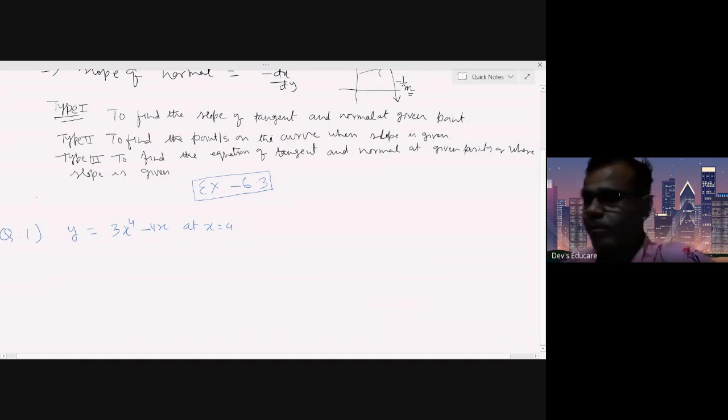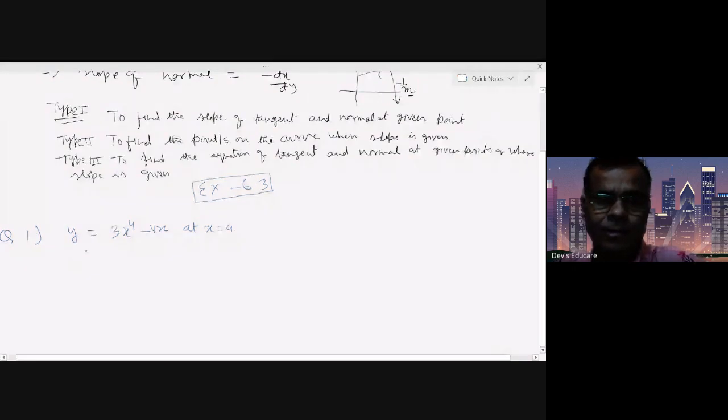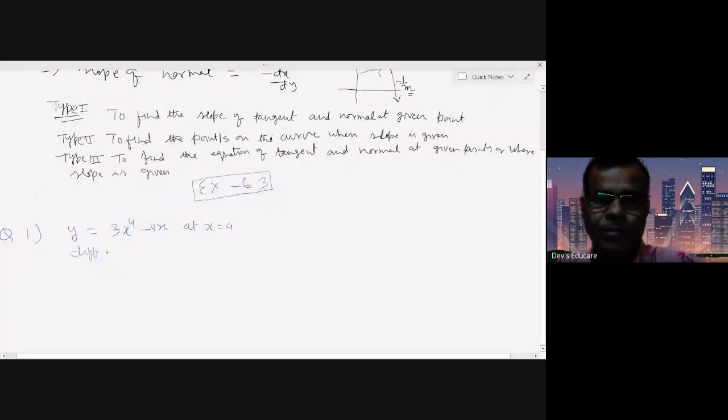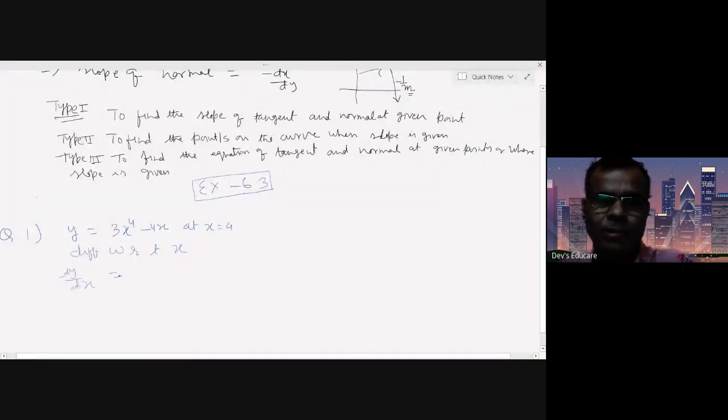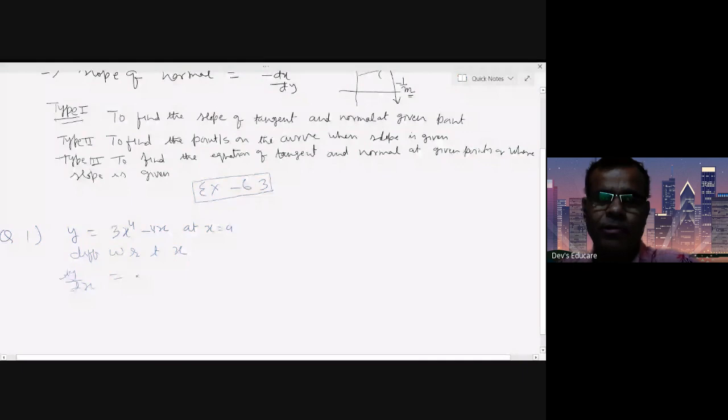First of all, we will find the derivative. Differentiating with respect to x, we have dy upon dx equals 4 times 3, that is 12x cube minus 4.